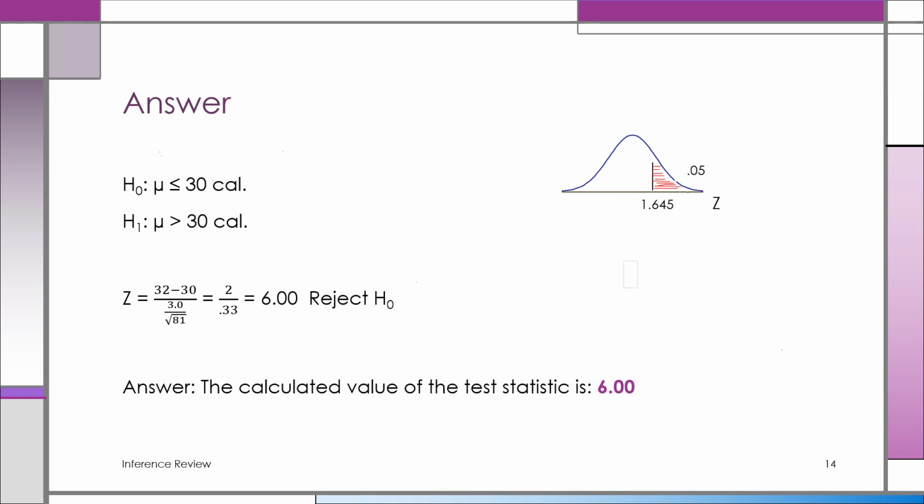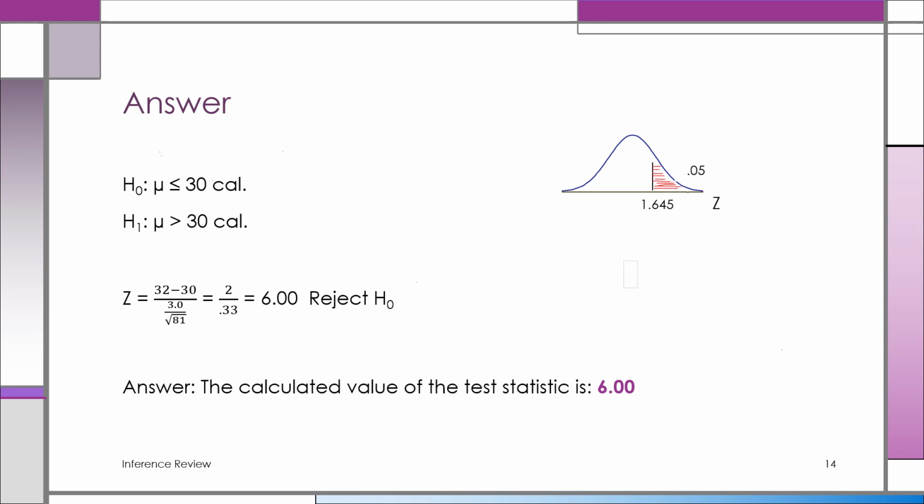When you look at the picture for setting up the decision rule, we're only rejecting on the right side. Why? Because we're only rejecting if we find that mu really should be something higher than 30 calories, because we had data that showed that the evidence is that mu should be larger. A nice little trick is that if you look at H1, there's a kind of a right arrow.